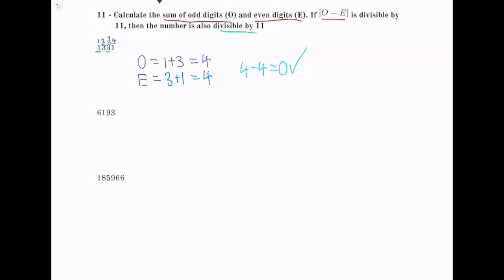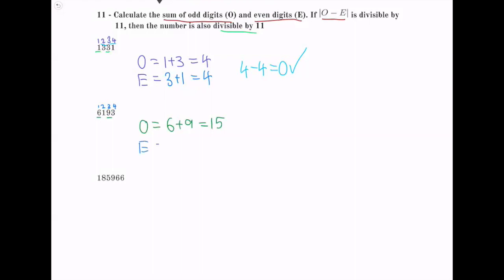I'll do some more examples, so hopefully that will clear it up a little bit. So I'm doing 2 more examples here. Again, let's number the digits 1, 2, 3, 4. The odd positions are 1 and 3. What's the odd sum? It's going to be the sum of the first and third digit, 6 plus 9, which is 15.